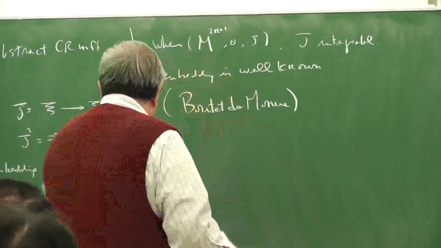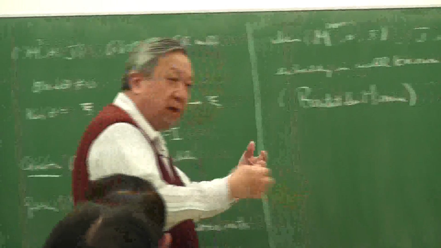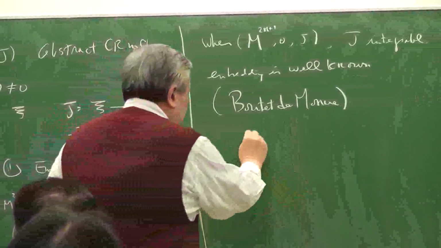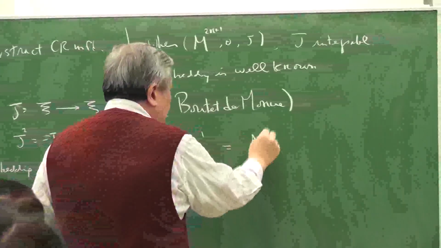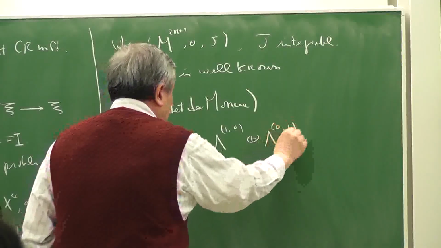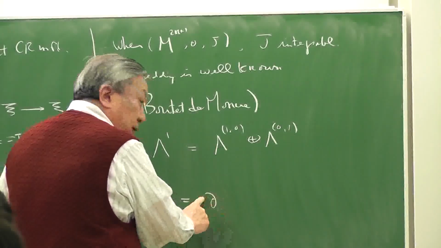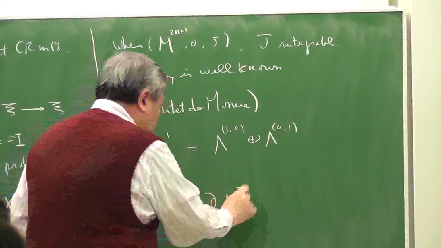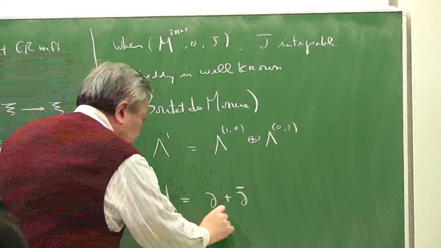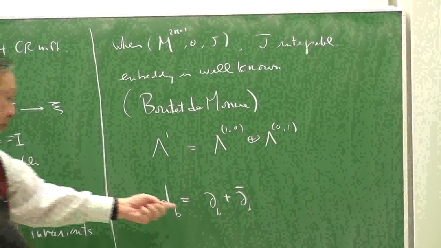What does that mean? It means the following, right? So when you have an almost complex structure, the differential form can be split into 1,0 type and 0,1 type. So one form is decomposed into 1,0 part plus 0,1 part. So you have the round differential now split into partial and partial bar part. But since we're on the boundary, so we look at the projection to the compact part. Okay? So you have such a decomposition.